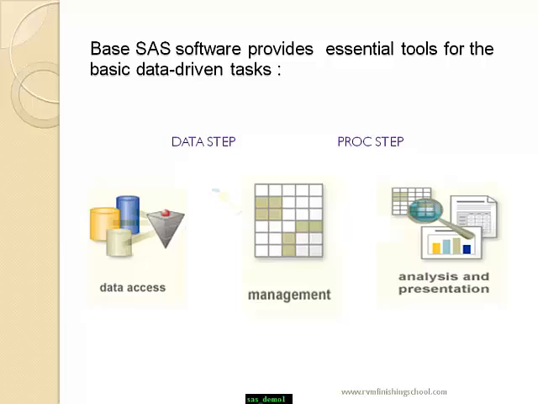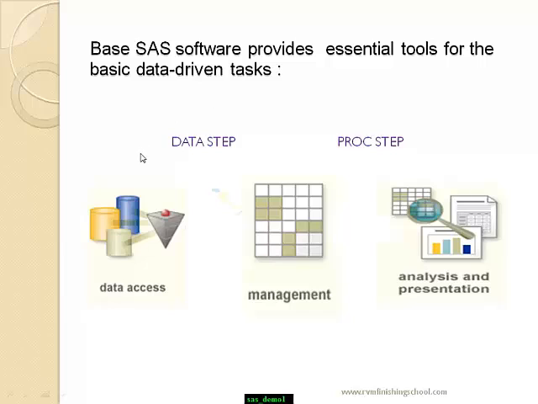It can be from a mainframe, a Unix system, a text file, an Oracle database file, an Excel file, or a PDF. You can access them and manage this in the SAS data set. And by using procs, you can produce the report, analyze, and give the reporting.